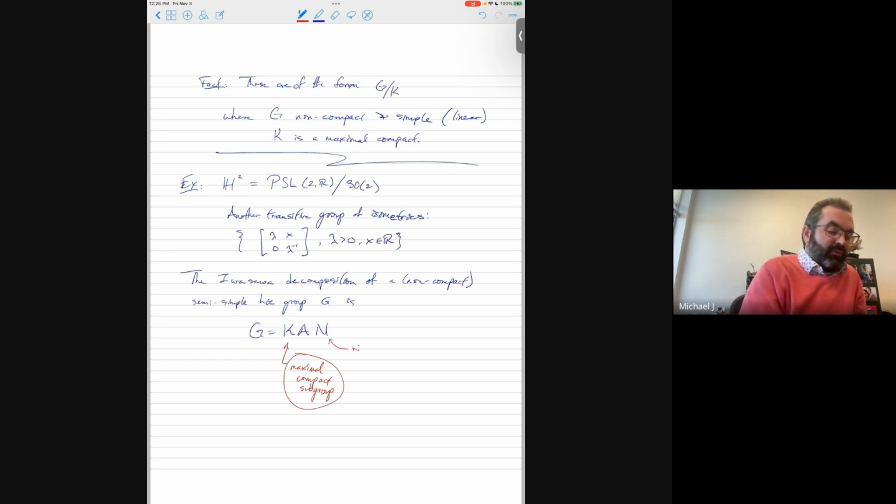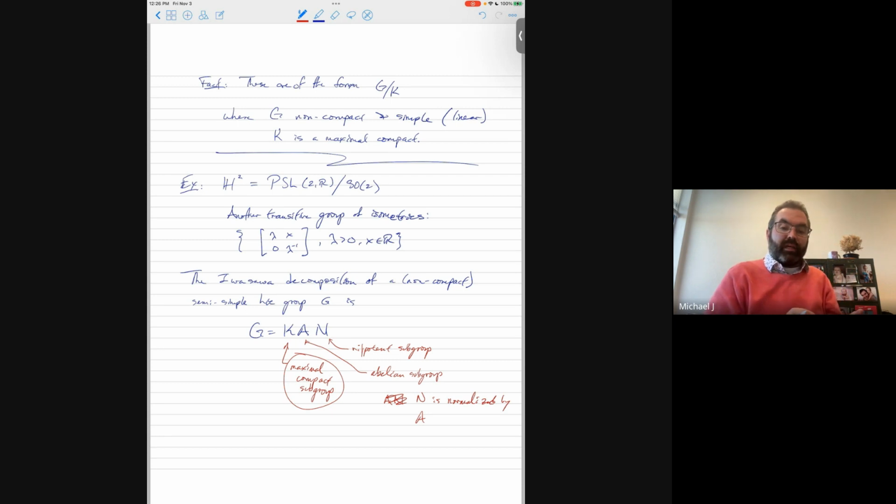N is some nilpotent group. This A is some abelian group. And then the A and the N you can fit together. So N is normalized by A, but it's not necessarily normalized by K. So when I write this Iwasawa decomposition KAN, this is just a product as manifolds, but it's not a product as Lie groups.